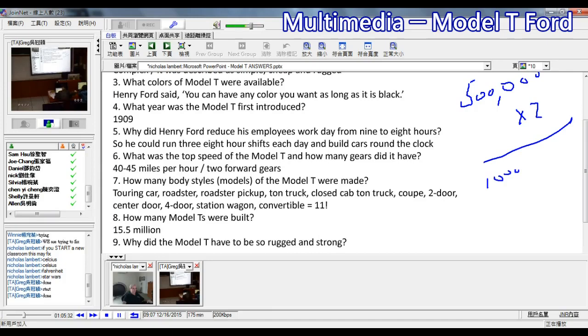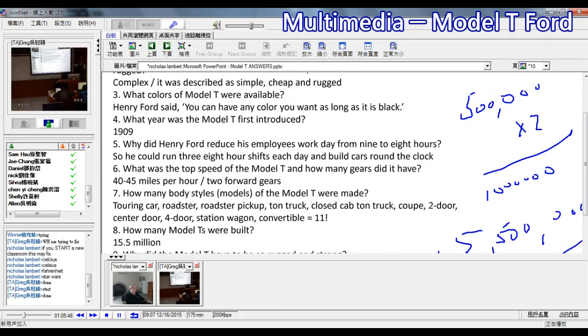Oh, 1 million. Yeah. So 15.5 is 15,500,000. Yeah. Okay. 50. Oh, yes. All right. So 15 million plus 500,000, which is 15,500,000.